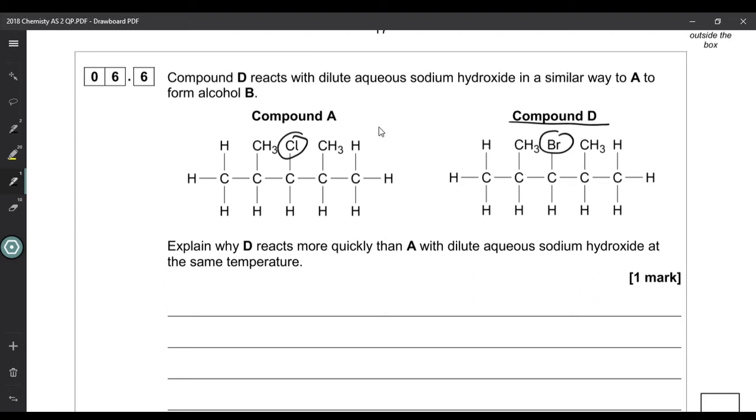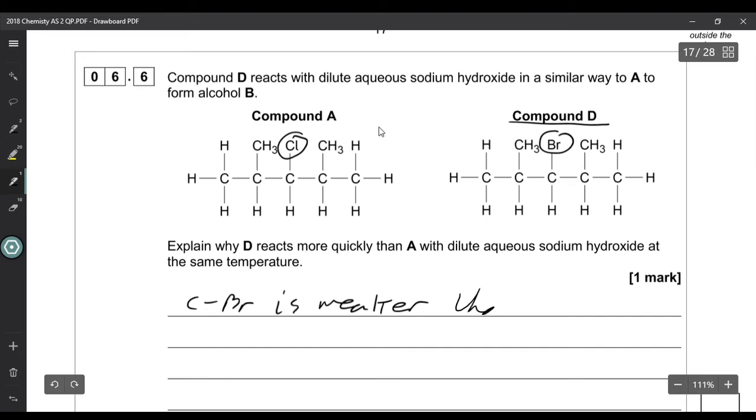So we can say that the C-Br bond is weaker than the C-Cl bond. And because it's weaker, therefore it's going to break more easily and therefore react more quickly.